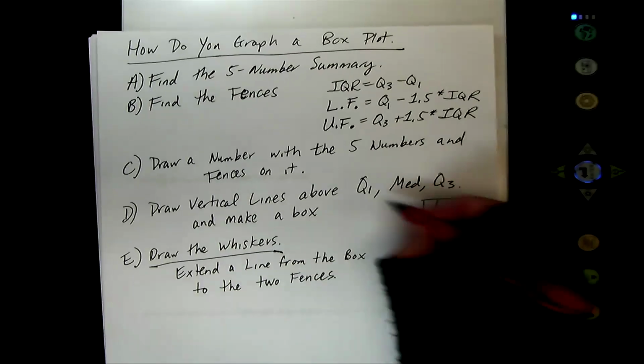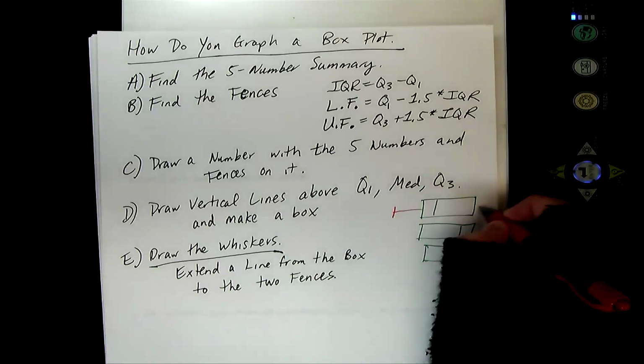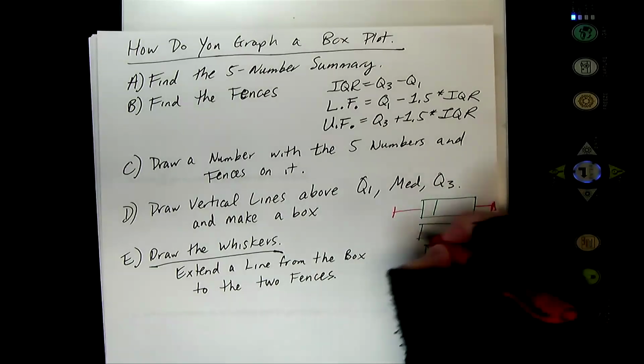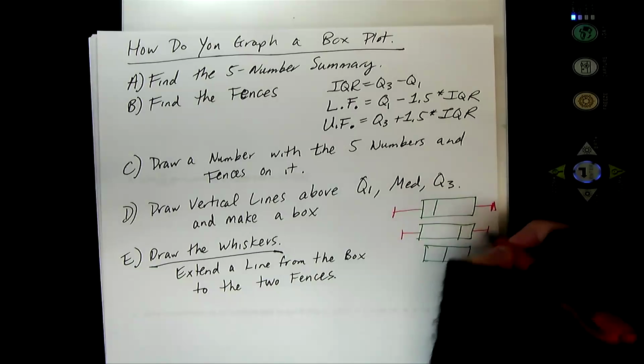What it's doing is we make this thing like this on both of them. Box plots end up looking something like this.